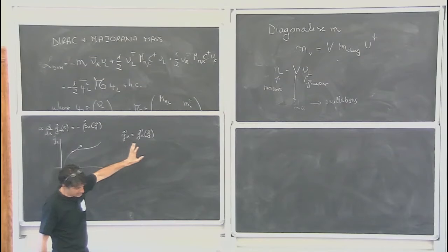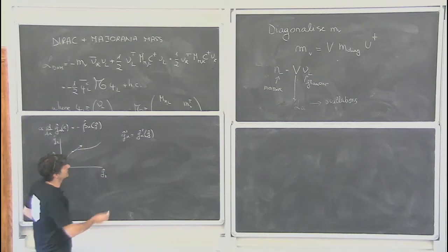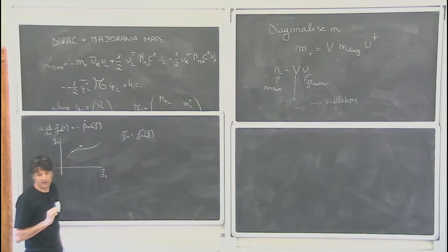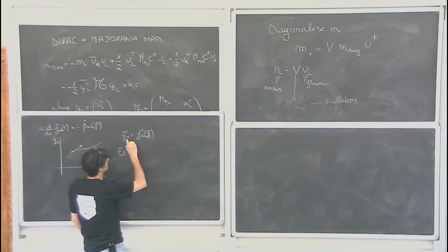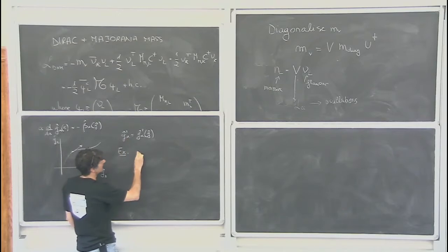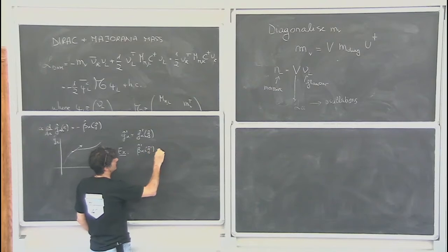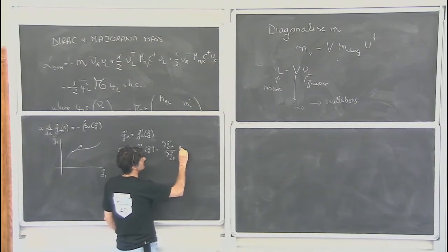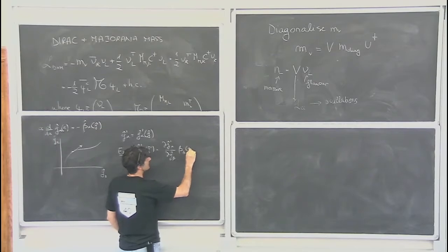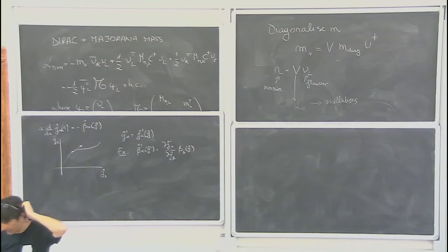If this relation is sufficiently smooth and invertible, you can show that the beta function transforms covariantly. This is a nice exercise. The beta function for these primed couplings, beta prime alpha of g prime, is just dg prime alpha over dg beta times beta beta of g, where clearly this beta is not the beta function, it's just an index.